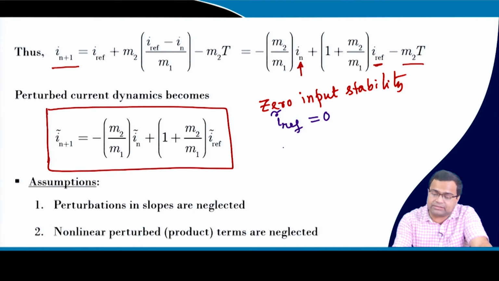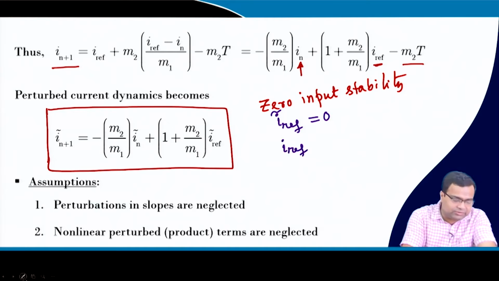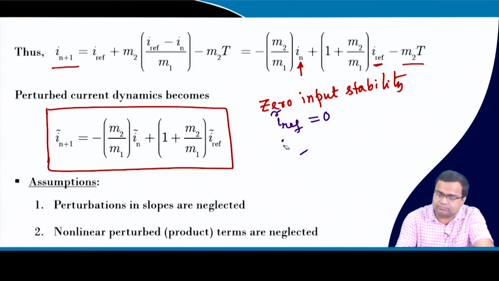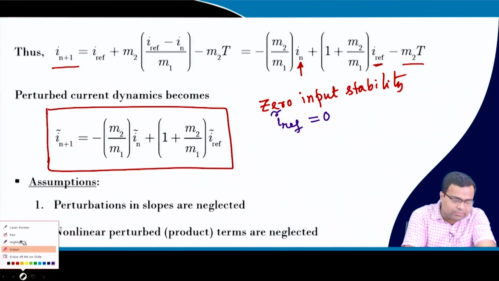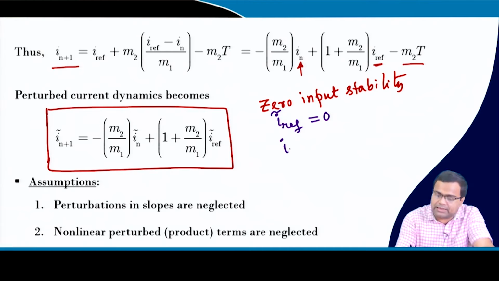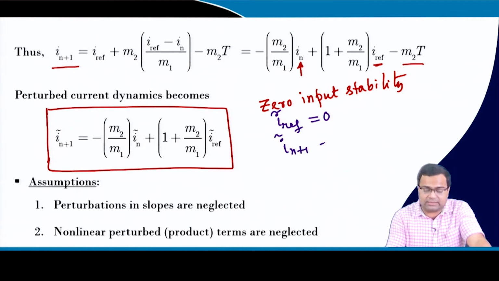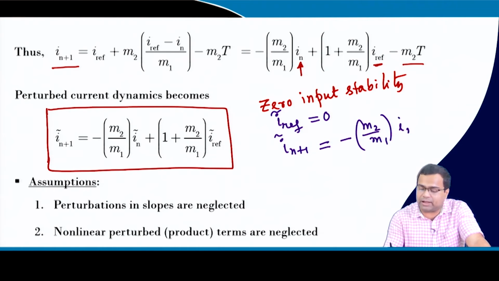Then this equation will simply become i n plus 1 perturbation equal to minus M2 by M1 into i n perturbation.